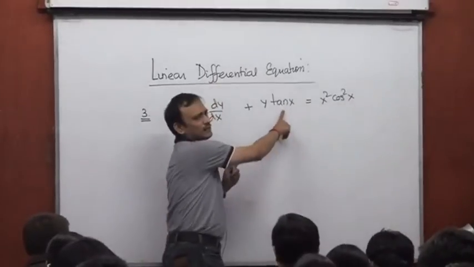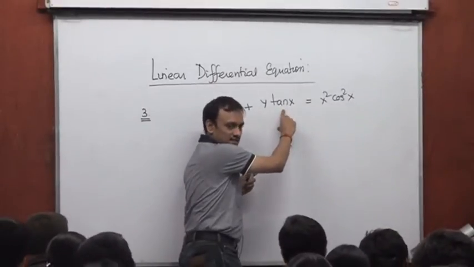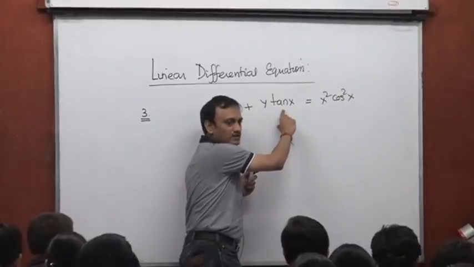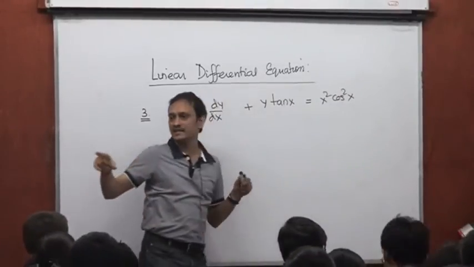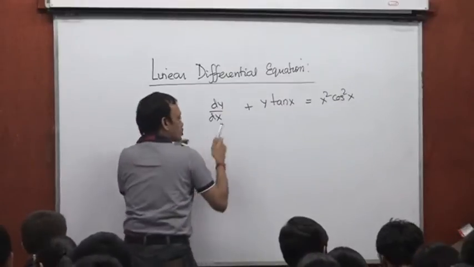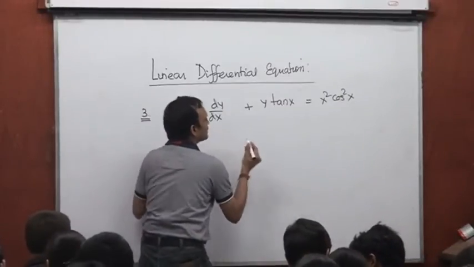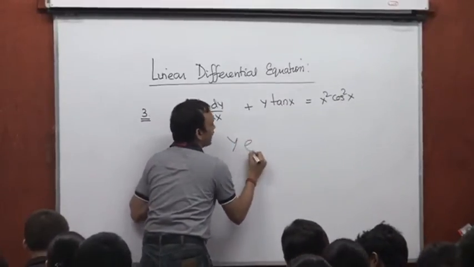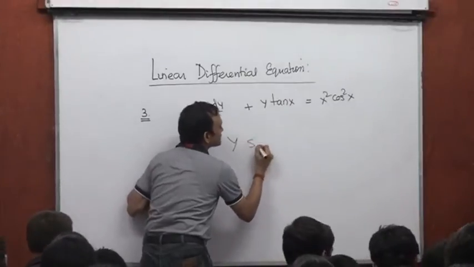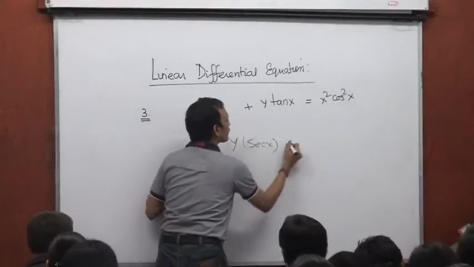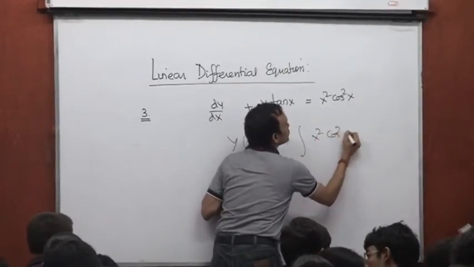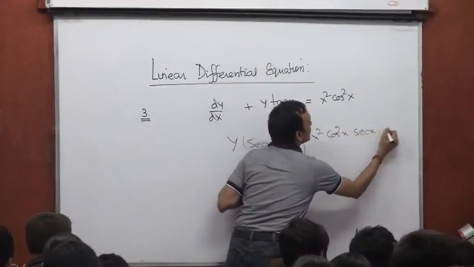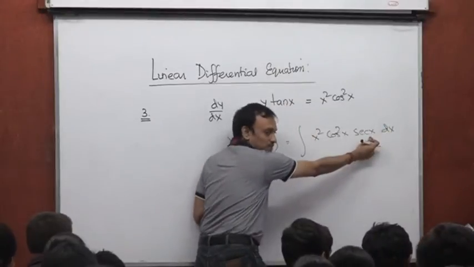e power integral tan x dx would be sec x, right? You realize that e power integral tan x dx would be e power ln sec x, so sec x. So the solution to this differential equation evidently is y sec x equals integral x squared cos squared x sec x dx, and this becomes cos x.